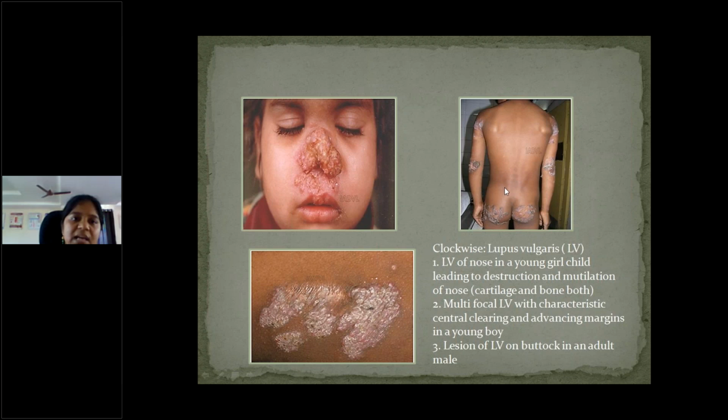Centrally you see atrophy and the lesion is resolving, and in the periphery the edge of the lesion advances. And this is another. Here also you can see the scarring, and maybe because the immunity of the patient is good, it is actually much less destructive compared to the other forms.